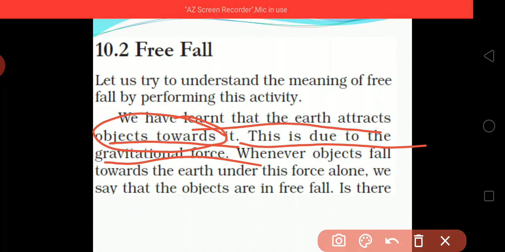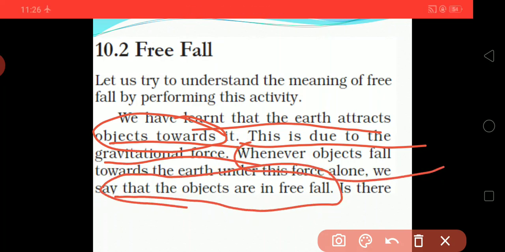Whenever an object falls towards the Earth under the force alone, we say that the object is in free fall. Now, when we release an object from a certain height, what will be seen? The object will go in a downward direction, so it will come down.